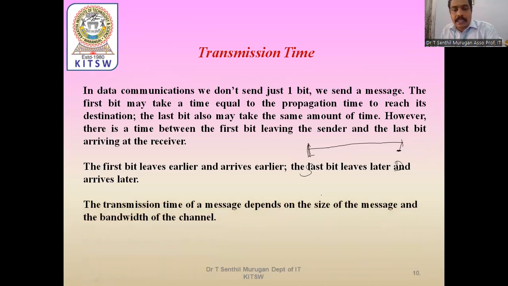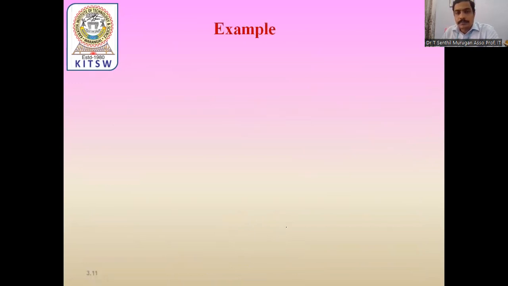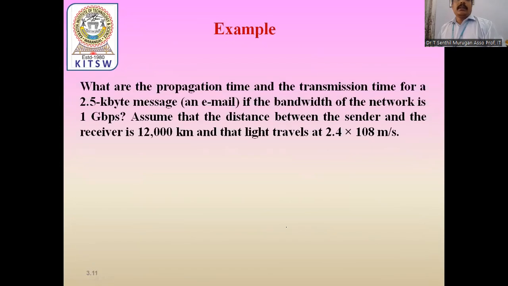The transmission time of a message depends on the size of the message and the bandwidth of the channel. So to calculate transmission time, we need the total size of the message and the bandwidth of the channel. For example, what are the propagation time and transmission time for a 2.5 kilobyte message? Kilobyte means 1000 bytes.